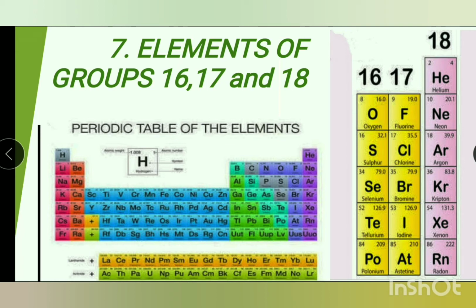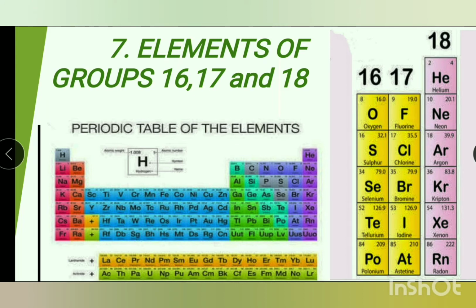In 11th standard we studied S block elements and elements of group 13, 14 and 15. This year we are going to study the elements of group 16, 17 and 18. All these groups, from group 13 to group 18, constitute the P block of the periodic table.